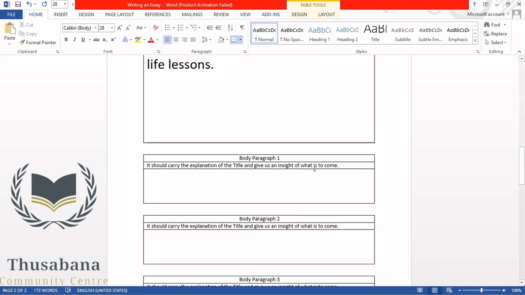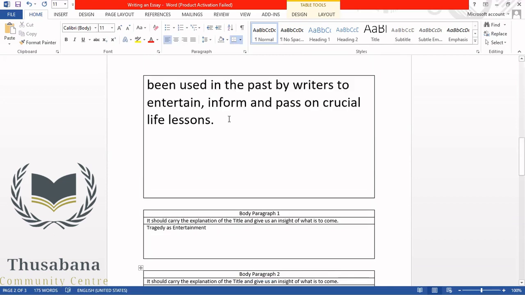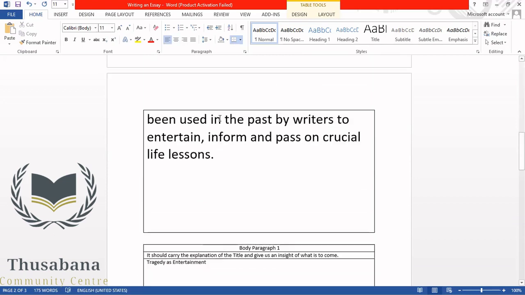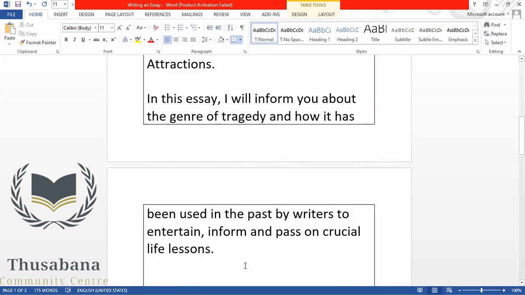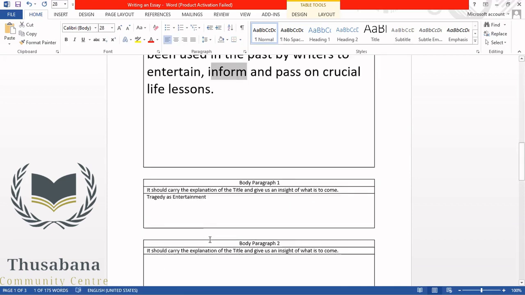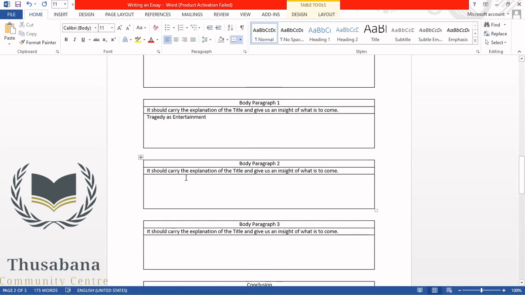So now I already know that in my first paragraph I'm going to talk about tragedy as entertainment, because I've already included it in my throw forward. So it's tragedy as entertainment, and then tragedy as information.